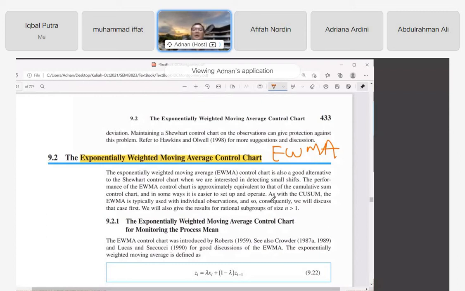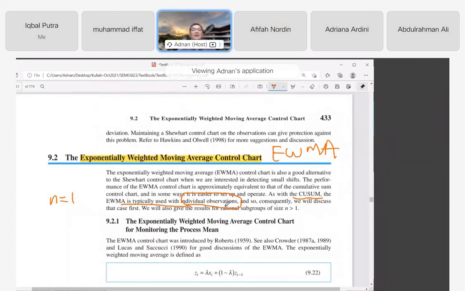Same as in the Q sum, EWMA is typically used with individual observations, again when n equals 1. As I said, this is going to be more popular because of automation. You are taking 100% inspection, for example, so EWMA can be used, because the issue of normality is not as serious as when we use the Shewhart control chart.